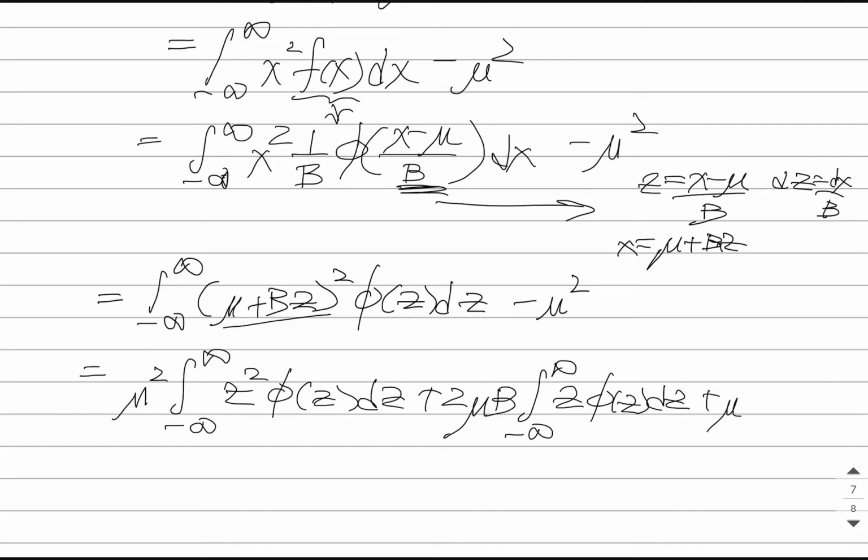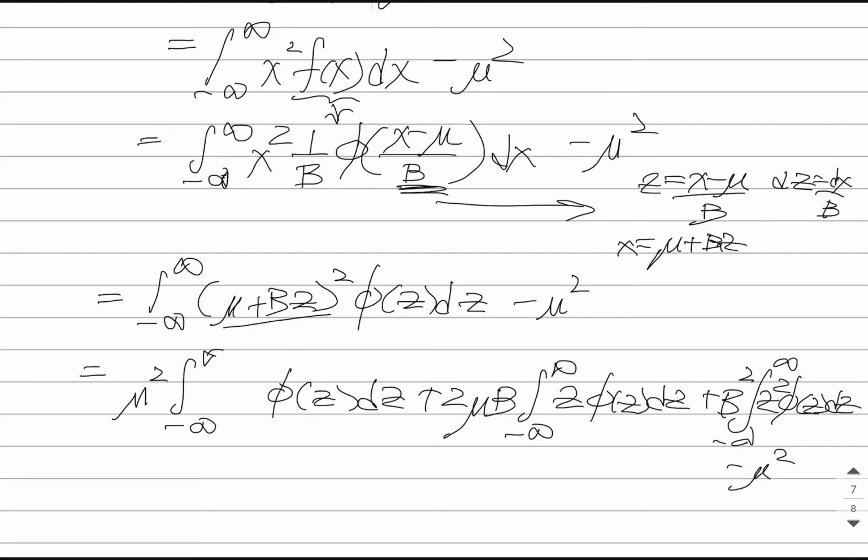Oh, sorry, my mistake here. This should be just a mu squared times phi of z. And over on this last result, we'll get b squared z squared phi of z dz. And we'll have a subtraction of a mu squared.